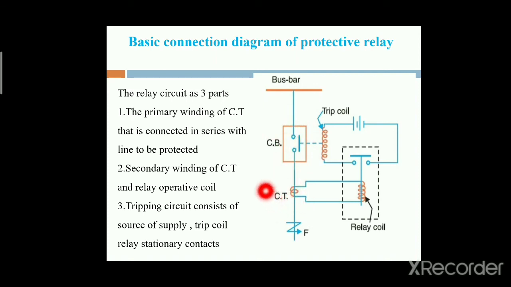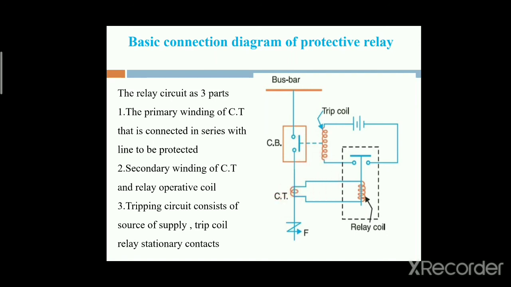Under normal operating condition, these contacts are in the open position. If these contacts are in the open position, the tripping coil is not energized. Then the circuit breaker is in the open position; the circuit breaker does not operate under normal operating conditions.